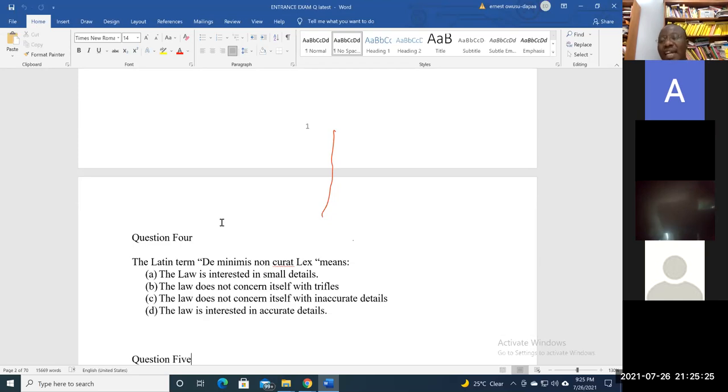Maybe like contract, for example, you can say contra proferentem.